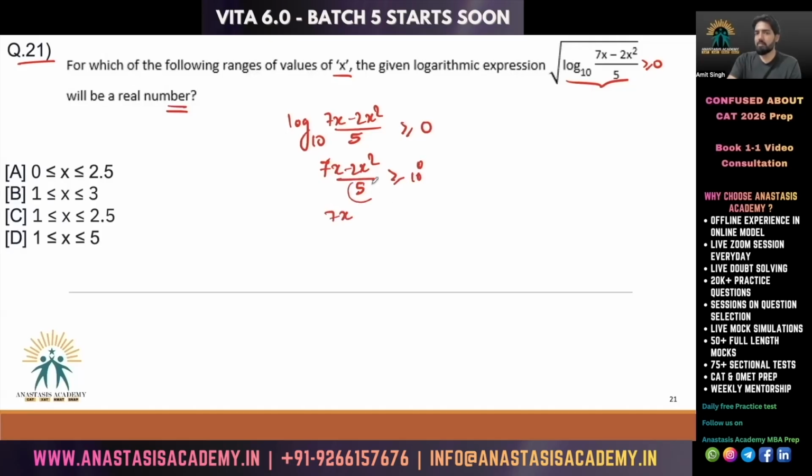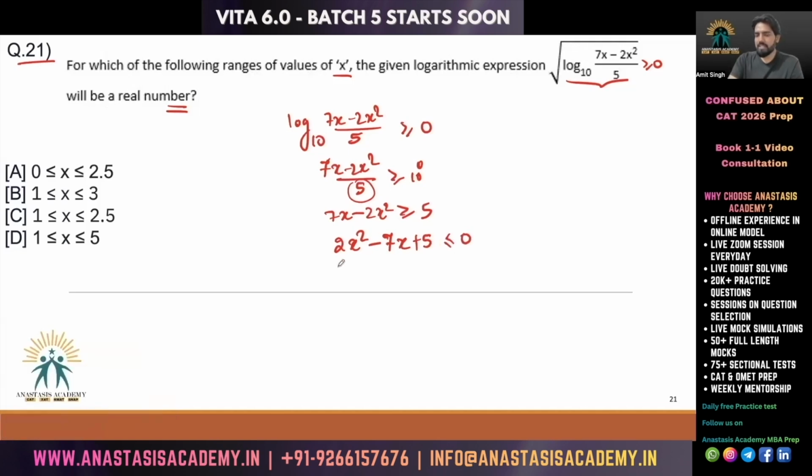Because the base is positive, I can clearly multiply this inequality. So I get 7x minus 2x square greater than or equal to 5. If I take all the terms to the right hand side, I get 2x square minus 7x plus 5 less than or equal to 0, right?